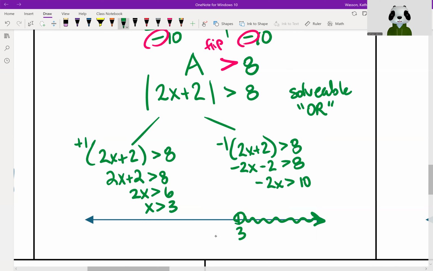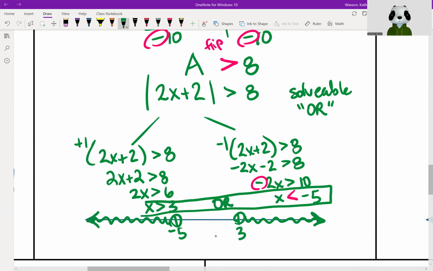When I divide by the negative, I flip my symbol backwards. So my solution is x less than negative 5. And I can graph that this way. And this is the way I expect an OR solution to look on a graph. This is typical.